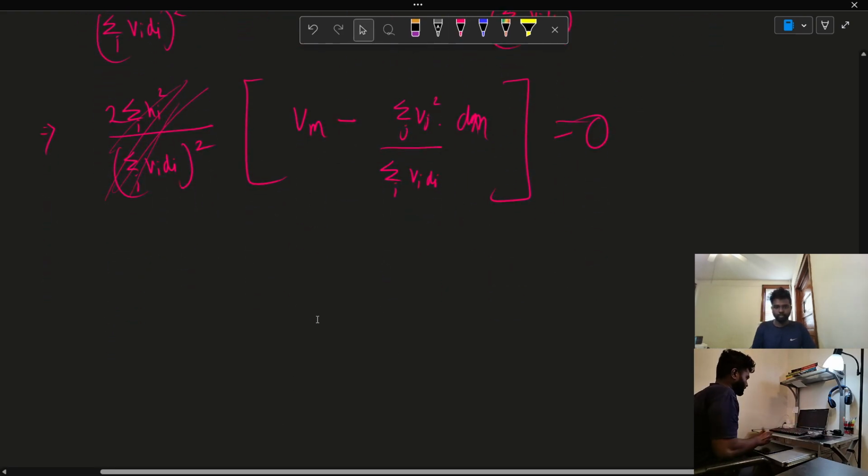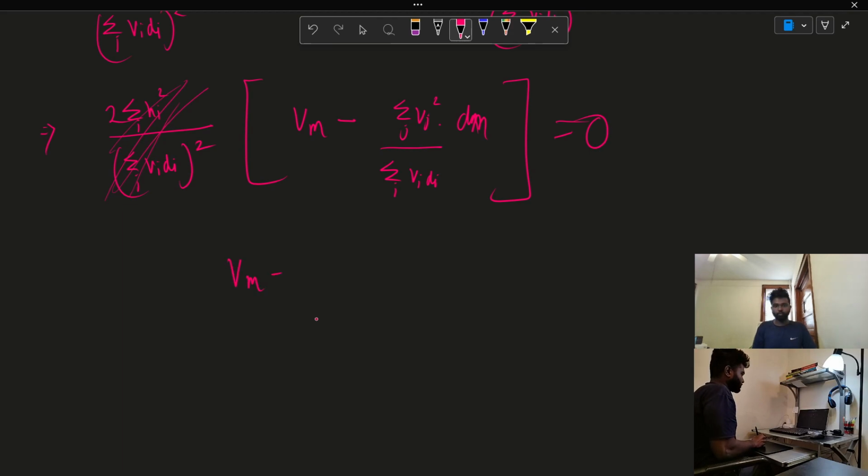So you can write: v_m minus summation over j of v_j squared divided by summation over i of v_i d_i, into d_m, is equal to 0. Let's take this term as a constant alpha.